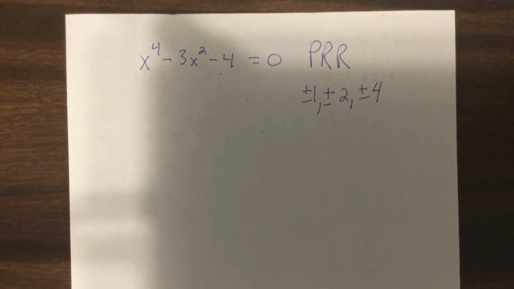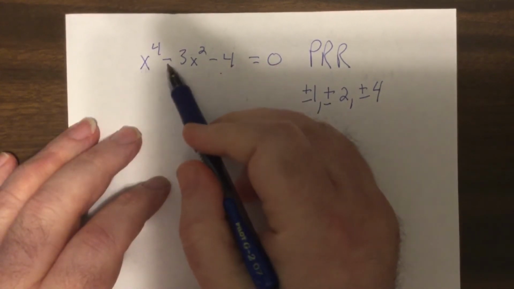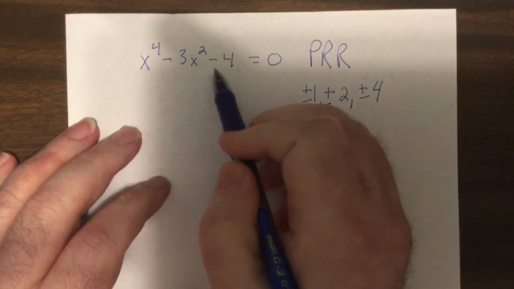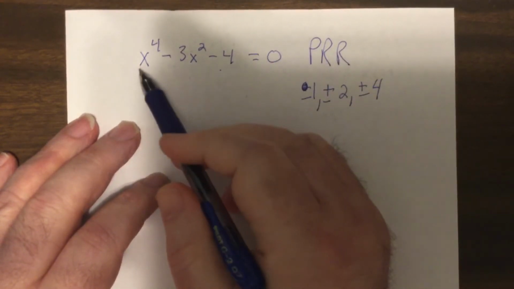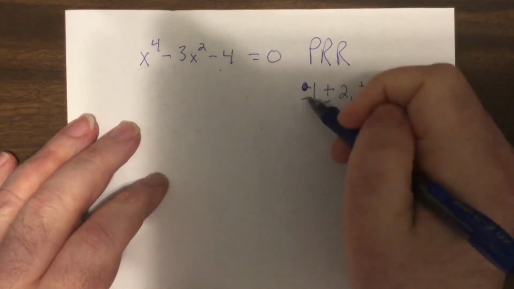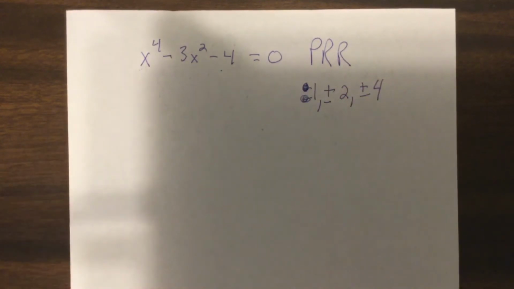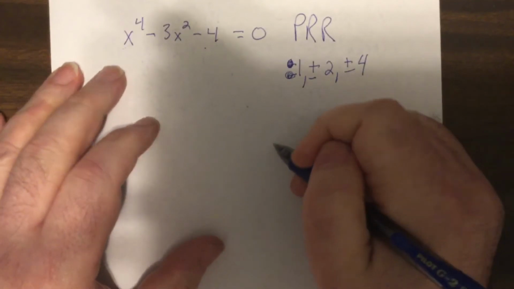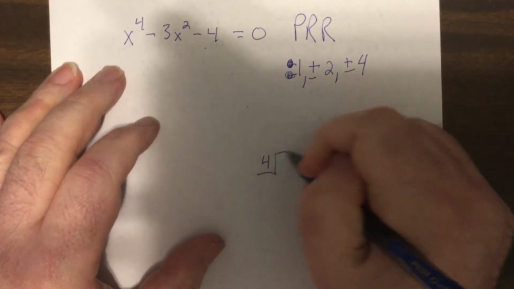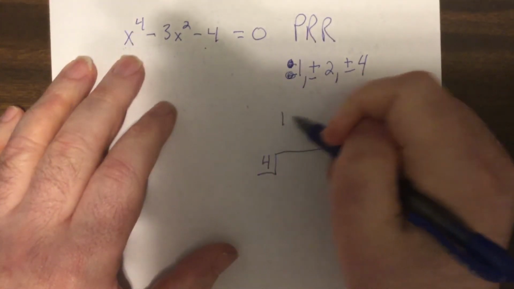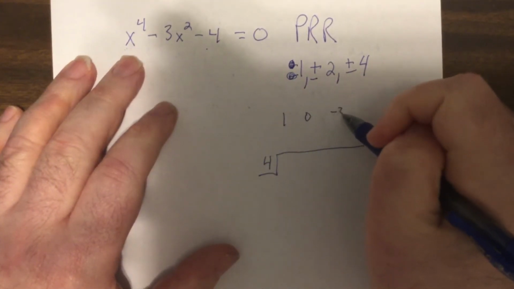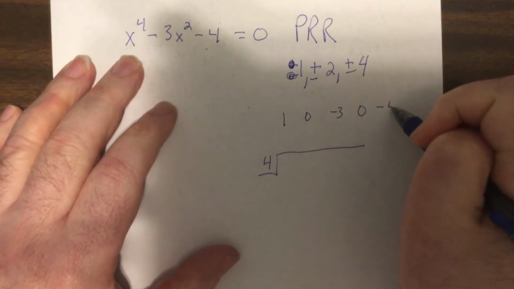So, let's see. Does 1 work? 1 minus 3, no. How about negative 1? 1, no, that doesn't either. So I really only have 4 choices. Mercy. Let's try 4. Does 4 work? I don't know. So we got 1, 0, negative 3, 0, negative 4.